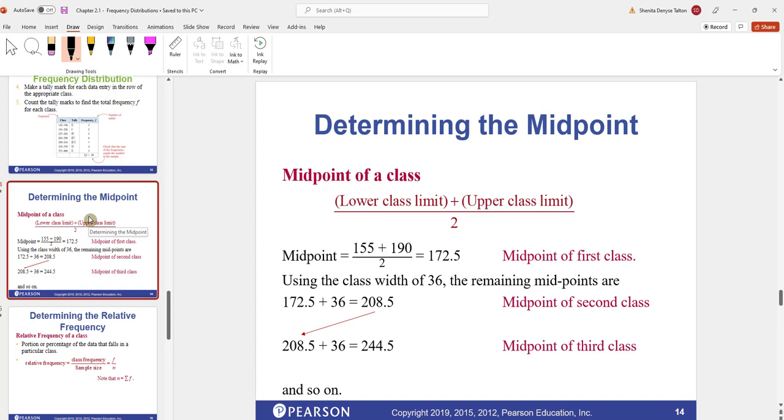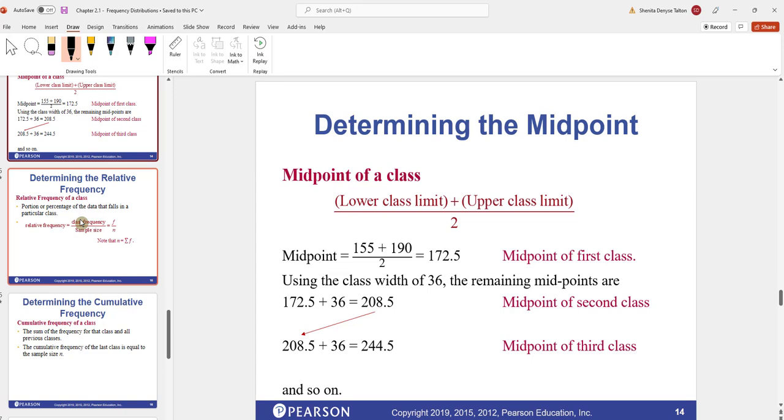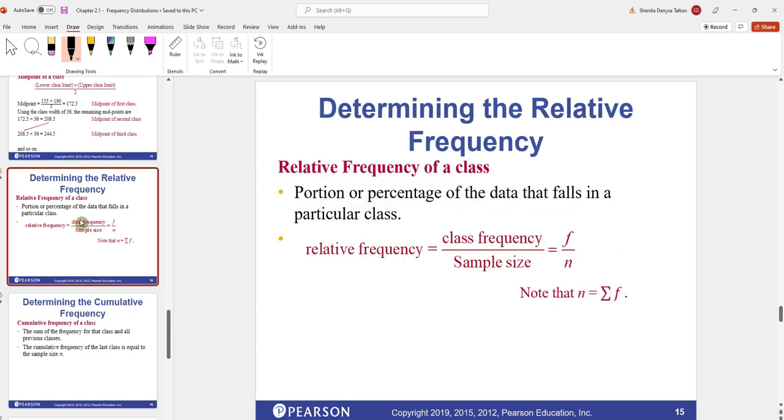We get 172.5. That's the midpoint of the first class, the middle of that first class. Since we already know the class width, we can just add 36 to get the next midpoint. If I take 172.5 and add 36, I get 208.5. That is the middle of the second class. And I'm going to show you a whole problem on that.